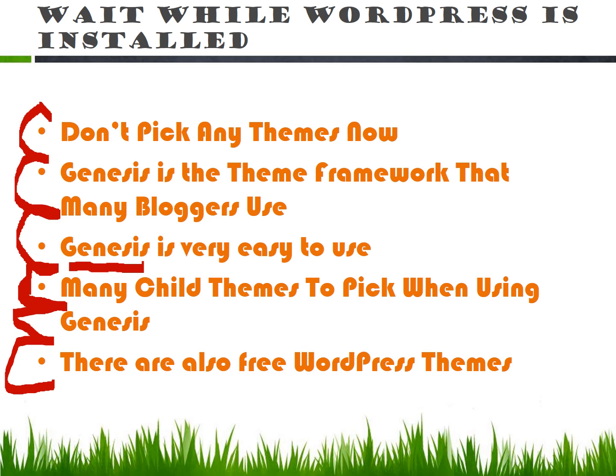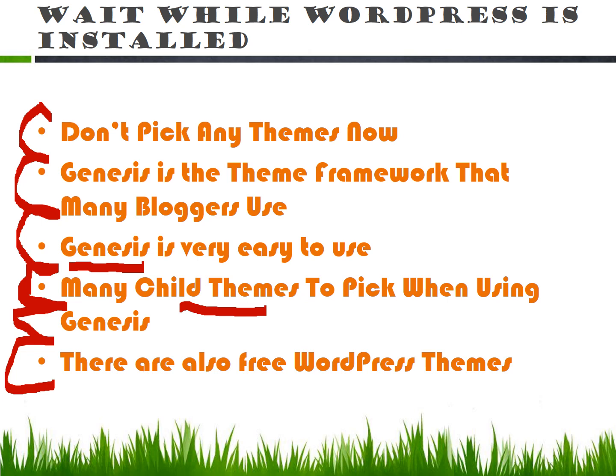It's your framework. And then there's what's called child themes. They're kind of specific to your type of blog. So there's lifestyle themes, themes for restaurants, themes for real estate firms, themes for food blogs. They have so many, and you can choose a child theme.